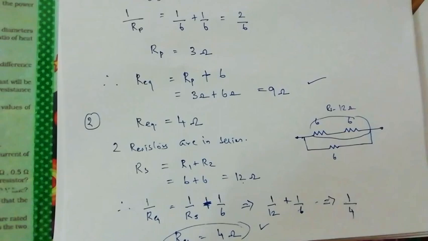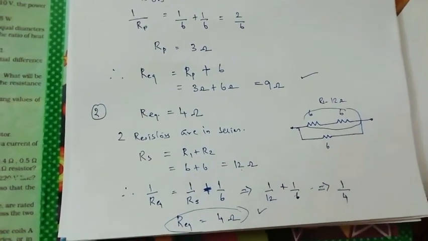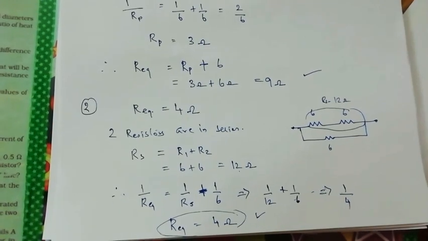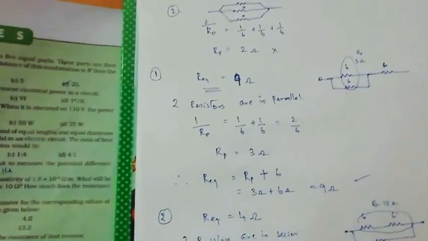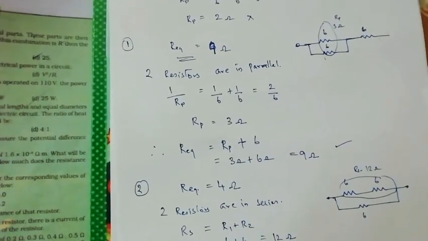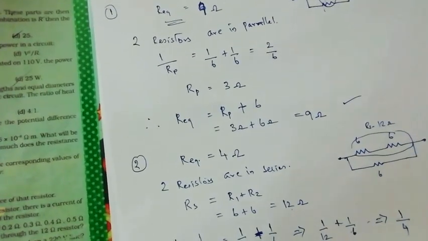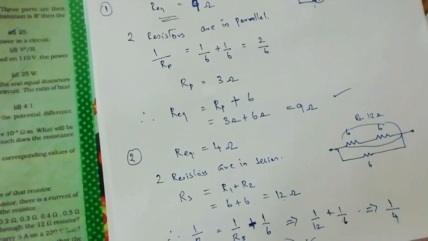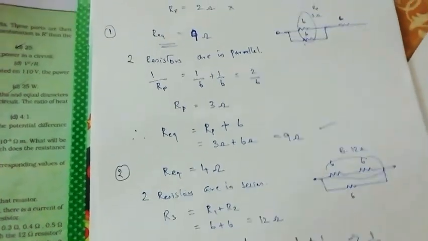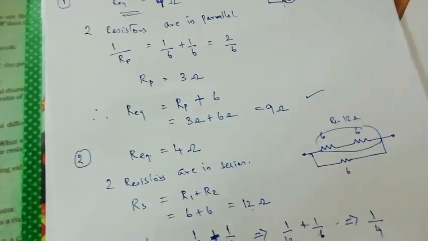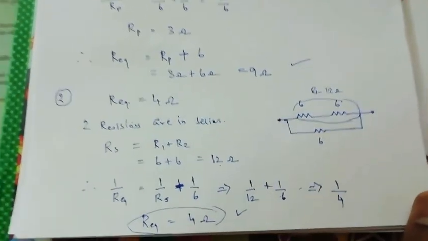Clear? These are some of the exercise problems given in your book, and we tried 3 examples today, that is 9, 10 and 11. Students, you do the remaining examples by yourself.